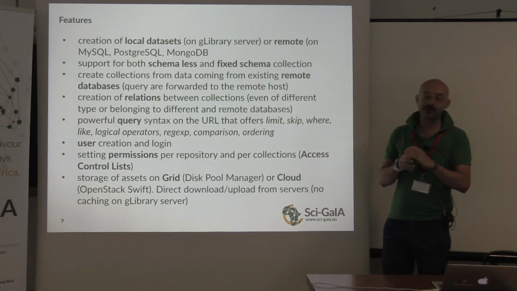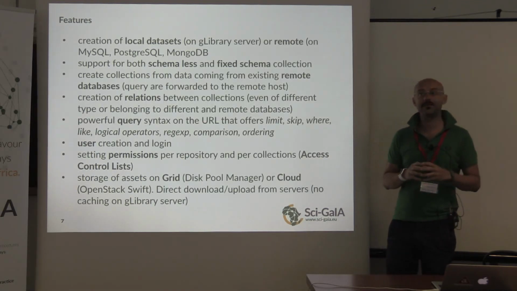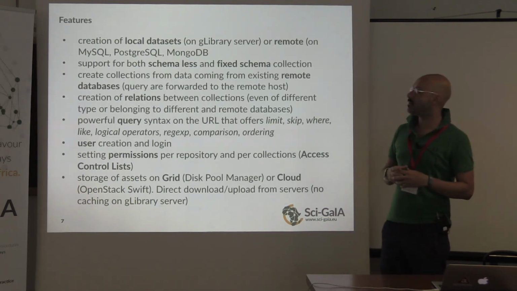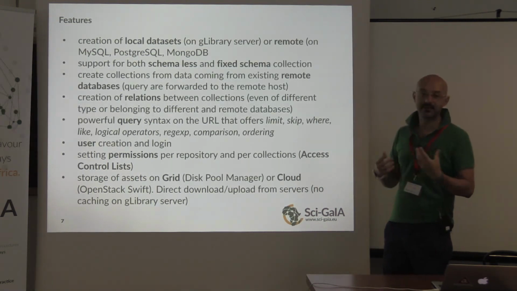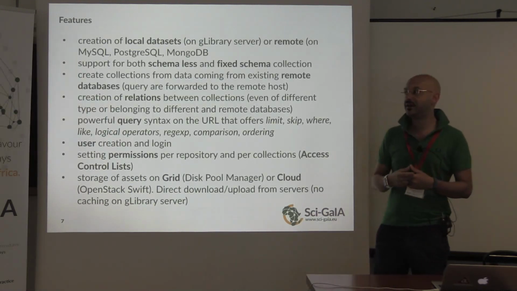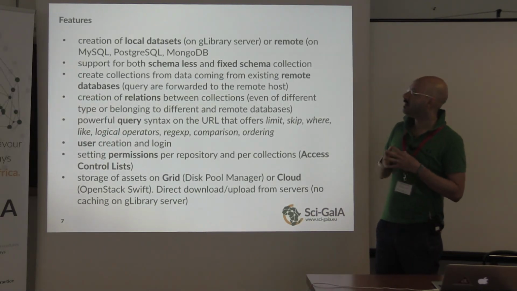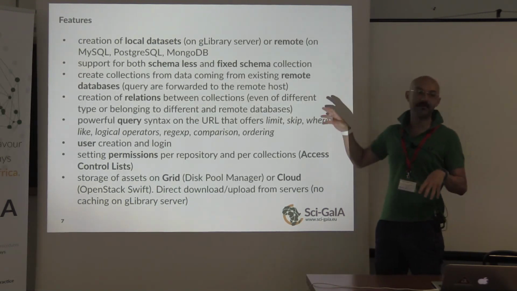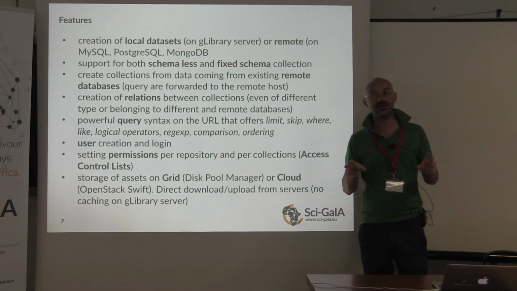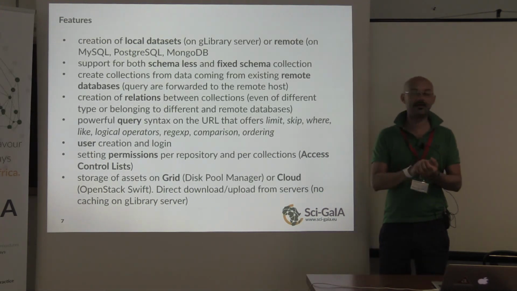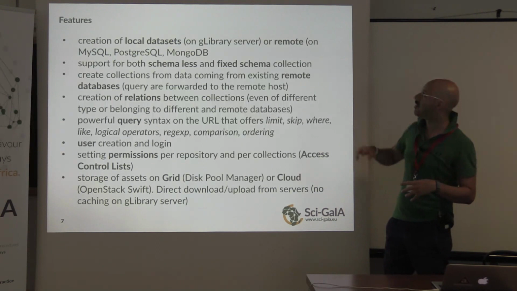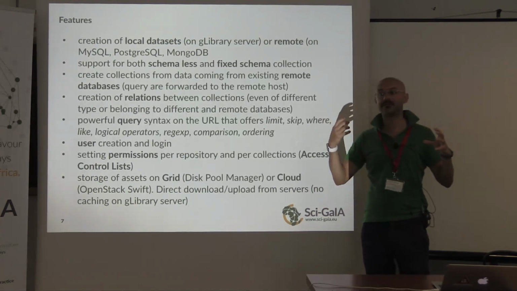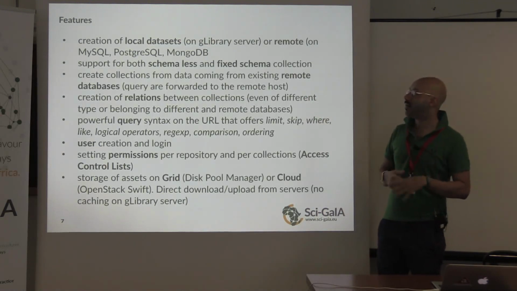So now that we have seen an introduction of the GLibrary platform, let me illustrate some of the features that the actual system offers. We can create local datasets on the GLibrary server itself. We're going to see in a minute that GLibrary provides a server on site or on a remote server. So you can use GLibrary to access databases that are not local.